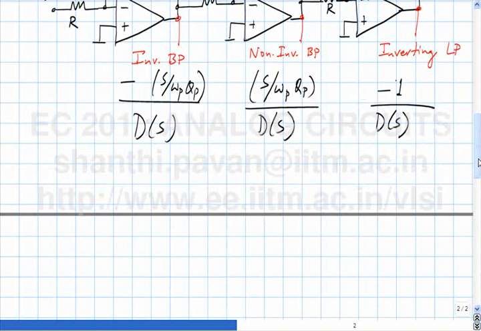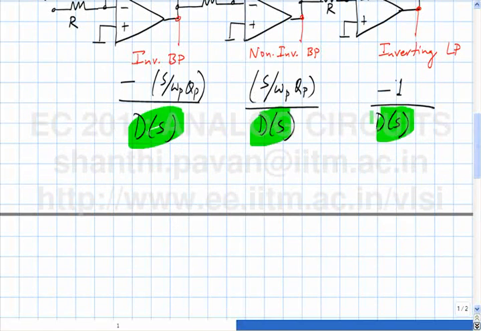Denominator of the transfer function we want is D of S. So it basically means that some linear combination of these transfer functions should be able to give us what we want. The only thing that we are missing in the numerator here is what? The S square term. So any suggestions on what I can do?